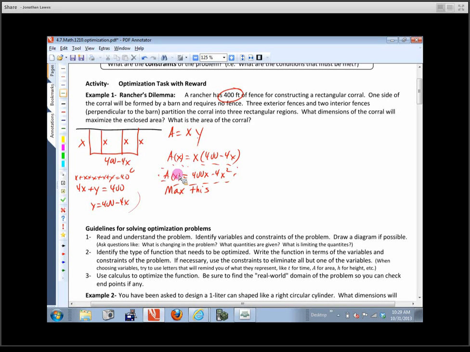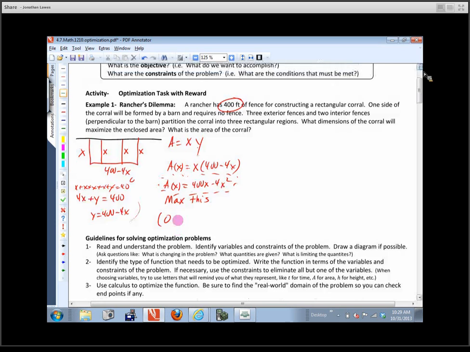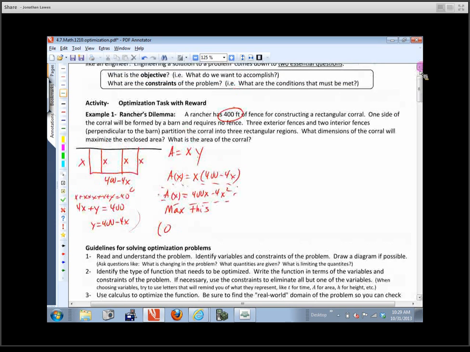Now, we ought to at least talk about the real-world domain for this problem. What's the smallest number we could choose for x? Really close to 0. We probably wouldn't do this. We wouldn't be in the ranching business very long if we did this. I'll use this for the barn.